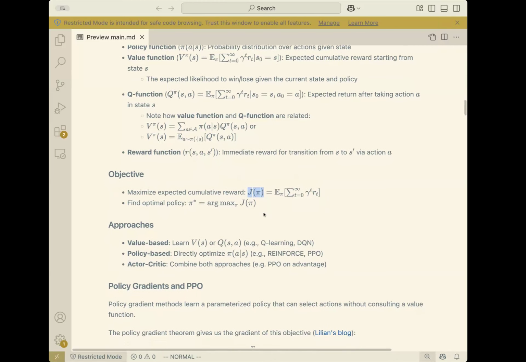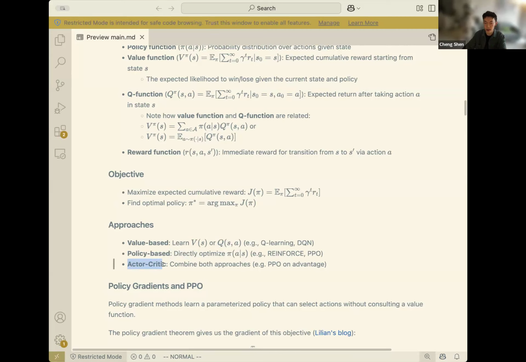So there are quite a few different approaches in reinforcement learning. For example, there are value-based methods, where we try to learn the value function or the Q function. And when we want to select the action, we just look at the V function and Q function to see which action leads to the best value or Q value in the next move. Or we can directly optimize the policy. These are called policy-based methods. In some methods, we have both a policy function and a value function.